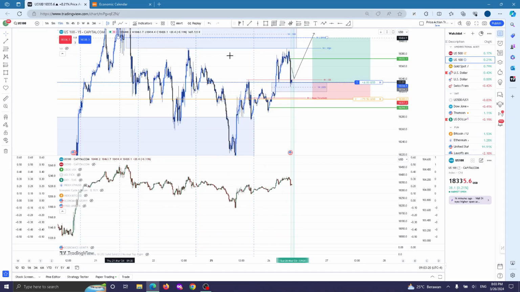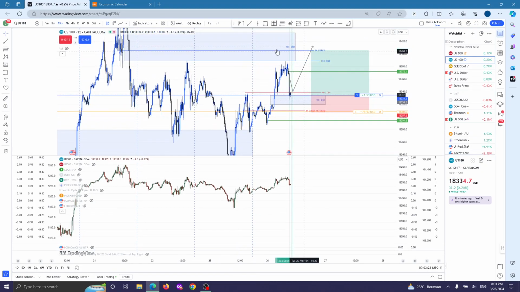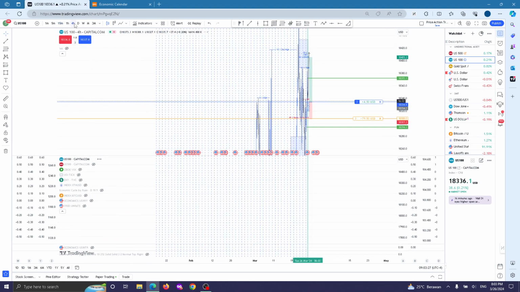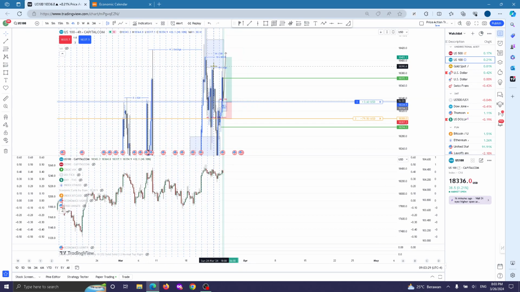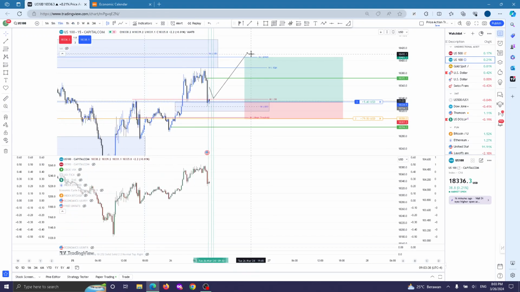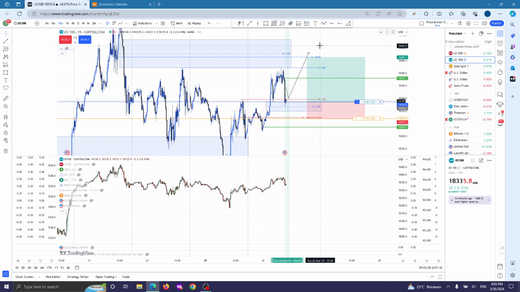Yep, 1 hour breaker to push price into this 1 hour CB. Or let's see if we do have something here. 4 hour, no, there's nothing here. We do have this equalize. So let's see.